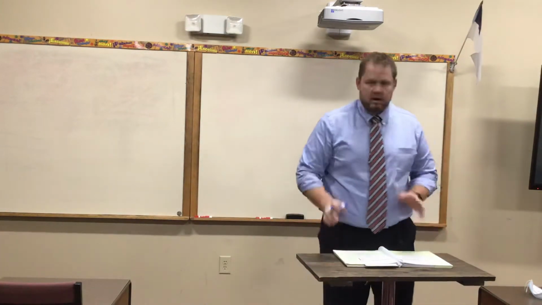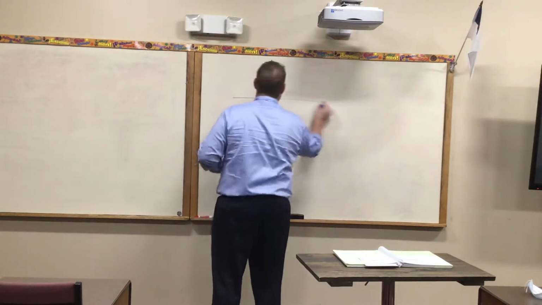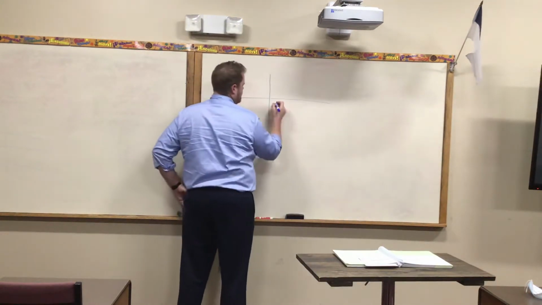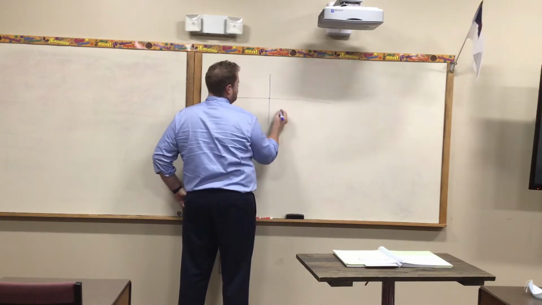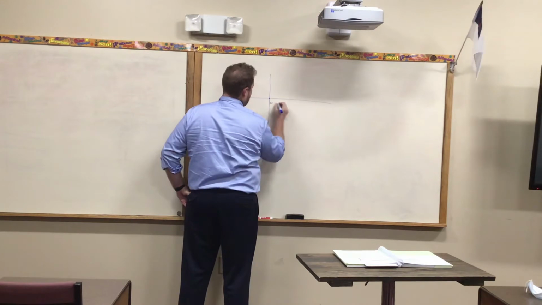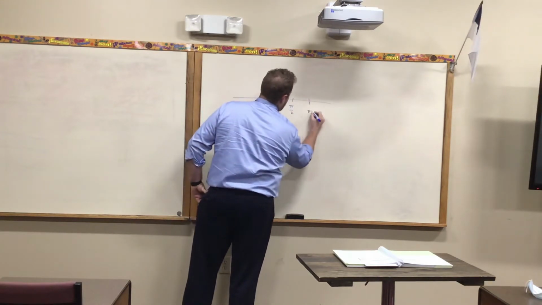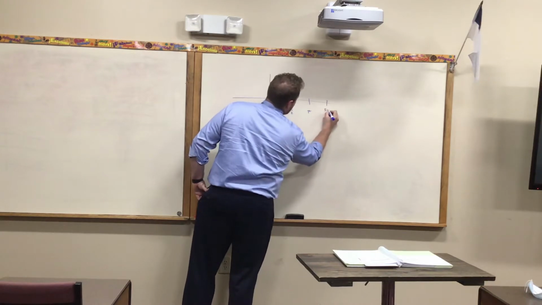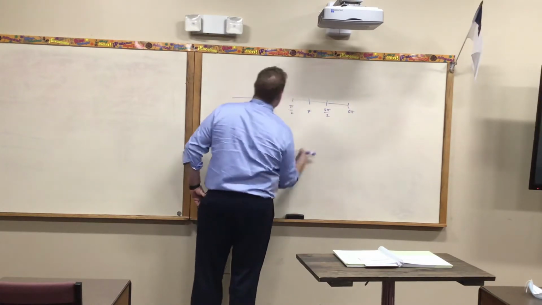Okay? So here's the thing to think about. Let's think about this in a sine wave. A sine wave starts here, right? So it's 0, pi over 2, pi, 3 pi over 2, 2 pi, right?